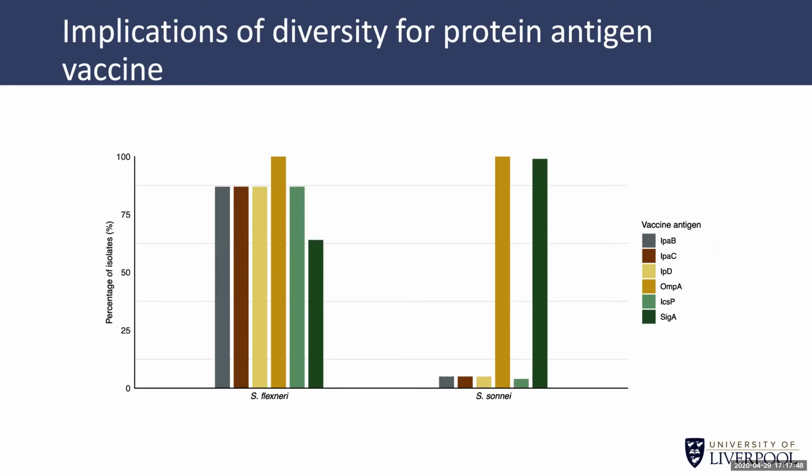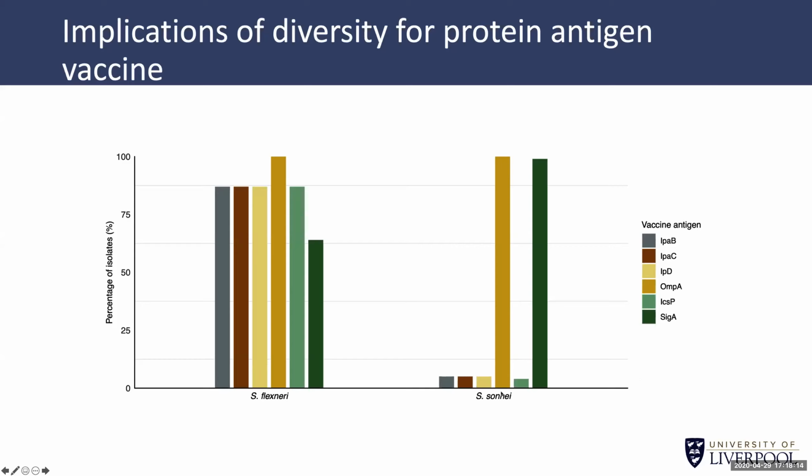So for protein antigen candidates, we assessed how conserved they were within the GEMS dataset, and this was done through homologous sequence search, based on 80% amino acid sequence identity. And for Flexneri, with the exception of SigA, we saw that more than 80% of the isolates carried these vaccine candidates, which was good.